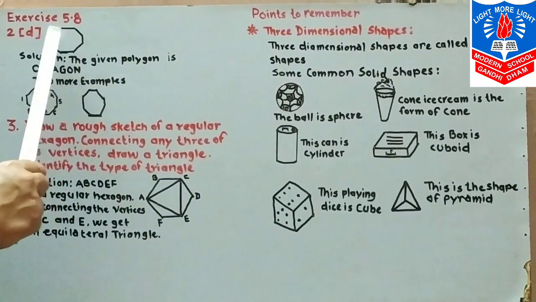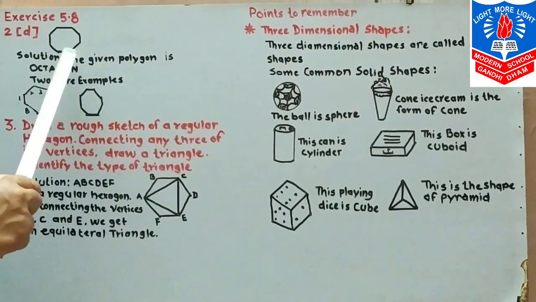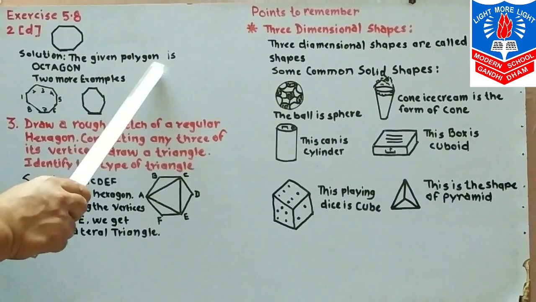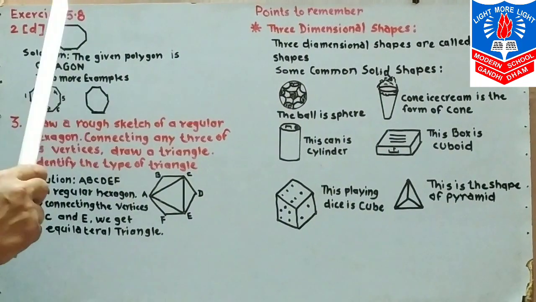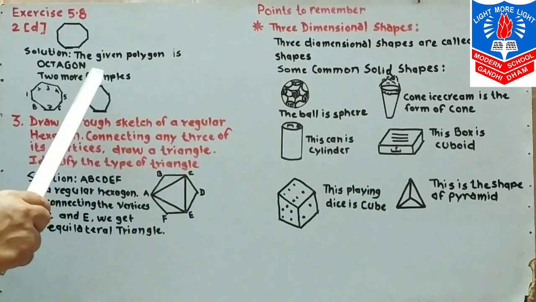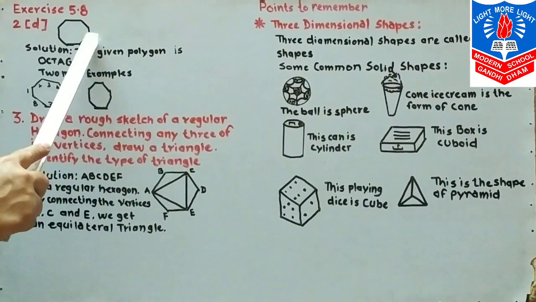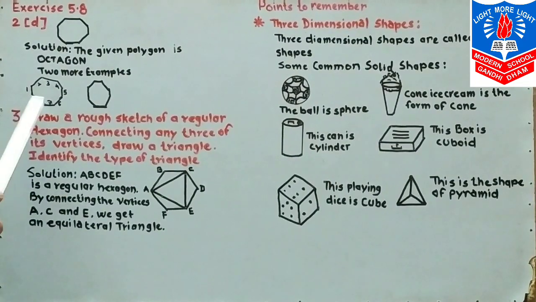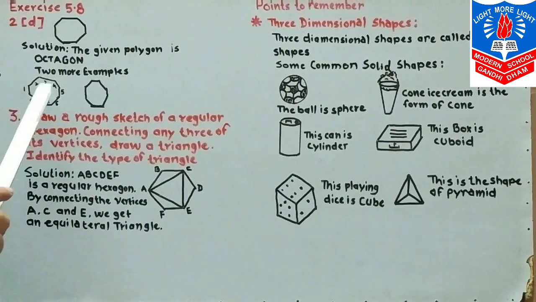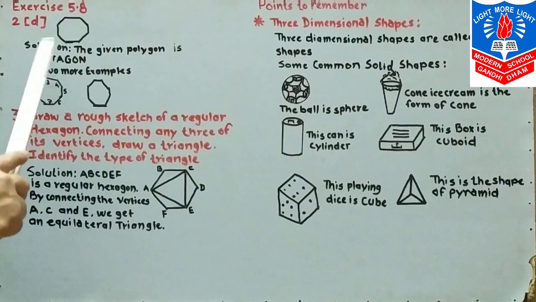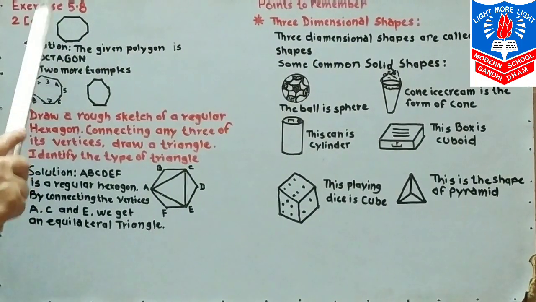This is an octagon. The given polygon is an octagon. 2 more examples. So we draw this in 2 different ways. First way, we just change the position here to this side.